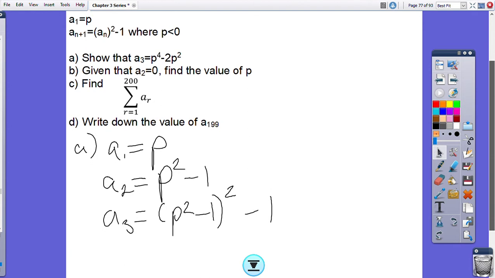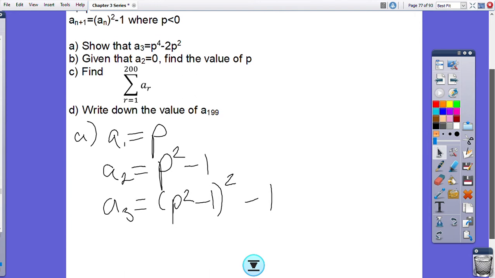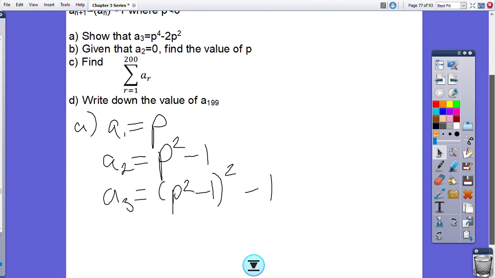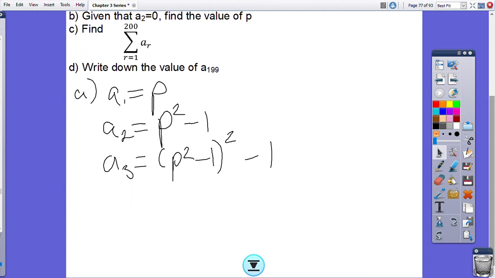we see that we've got a bit of work to do with our algebra, expanding out this bracket here before we get to the p to the 4 minus 2p squared.